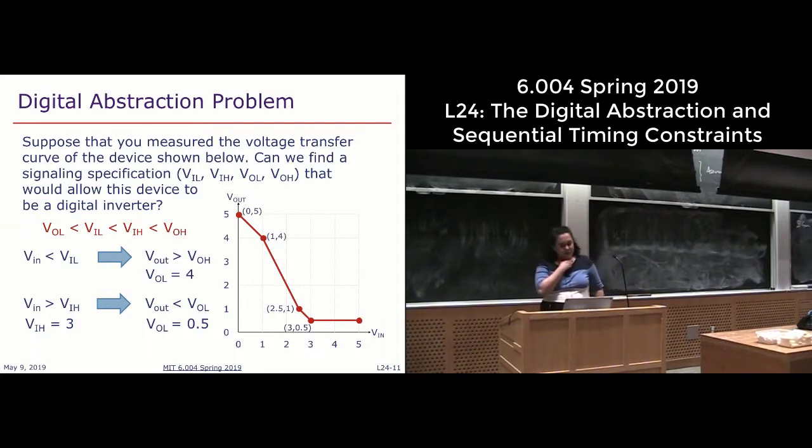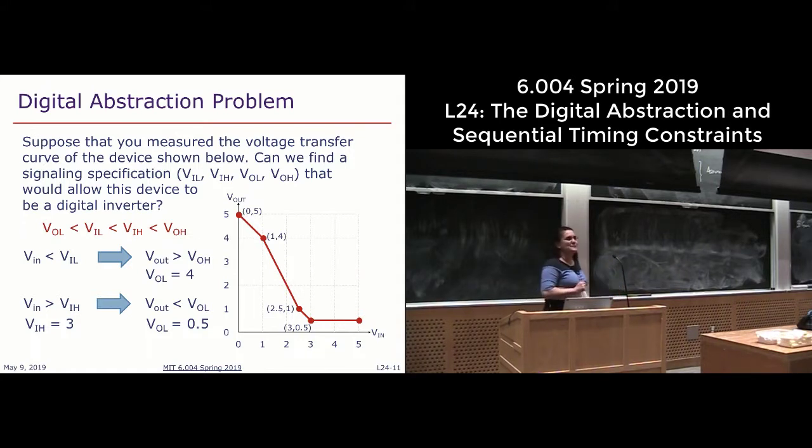Any suggestions for what VIL could be that would make this work? Yeah? Just really quick, on the slide, it's VOH equals 4. Oh, whoops, I'll fix that, thank you. And also for anyone looking at the handout, this inequality was completely wrong. So please cross that out and correct it.